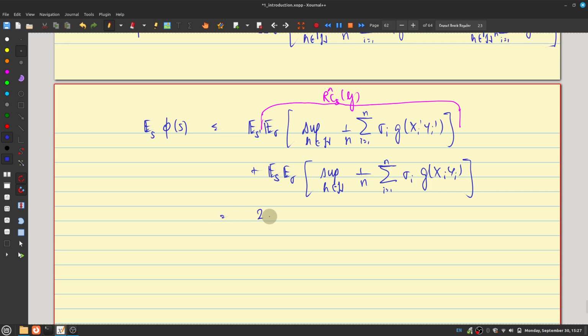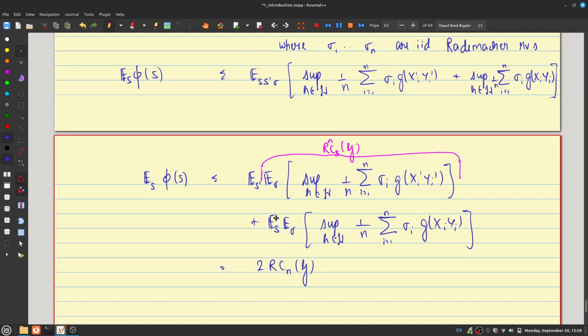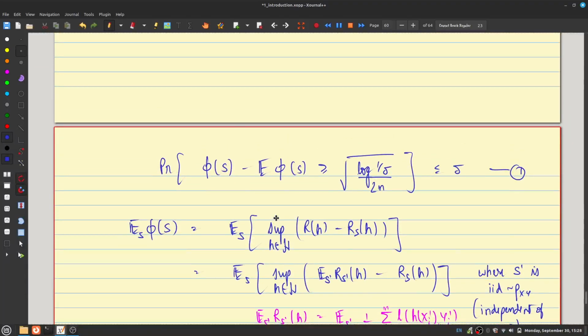So this is just 2 times the Rademacher complexity of G. Okay, so let's use this in equation 1.